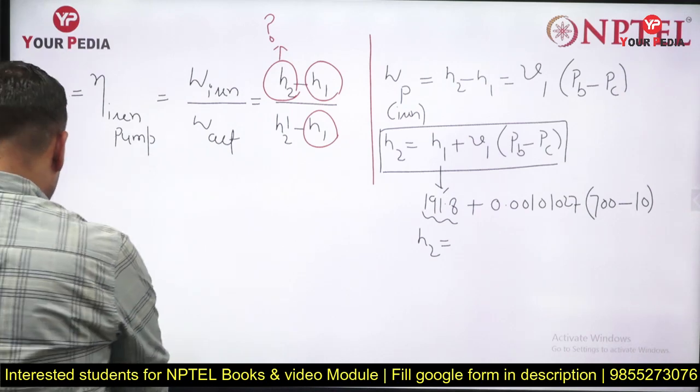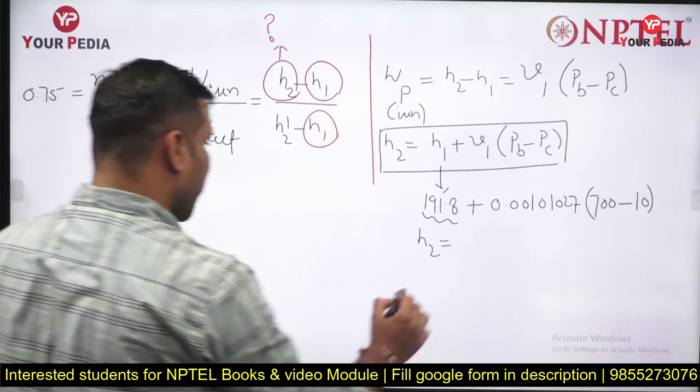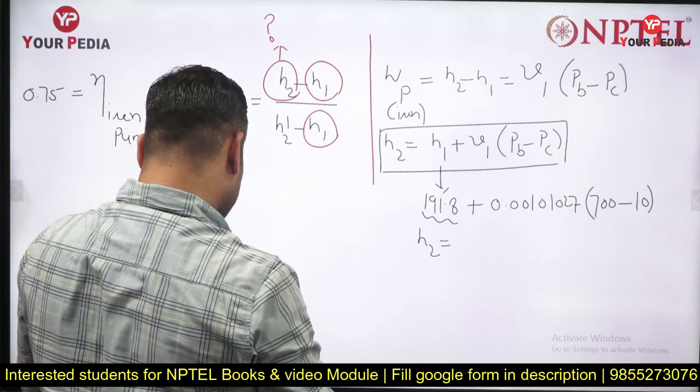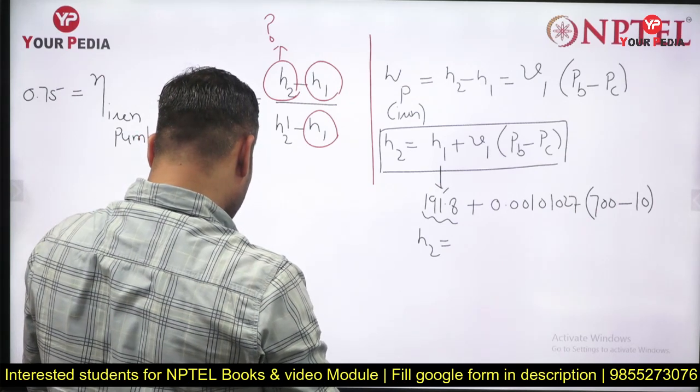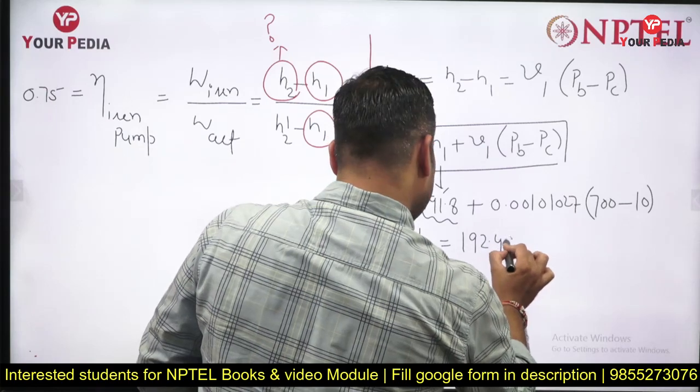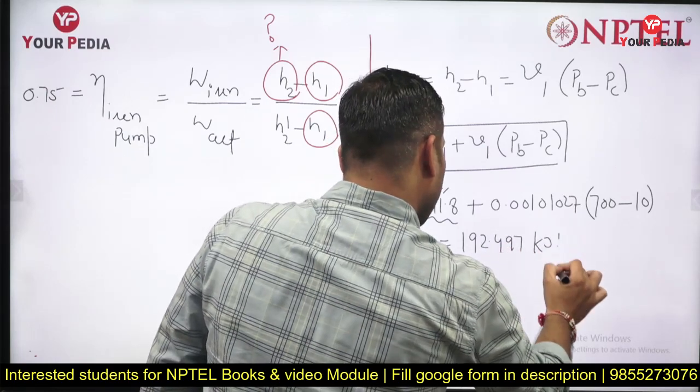Adding this, the value will come out very close: 192.497 kilojoule per kg.